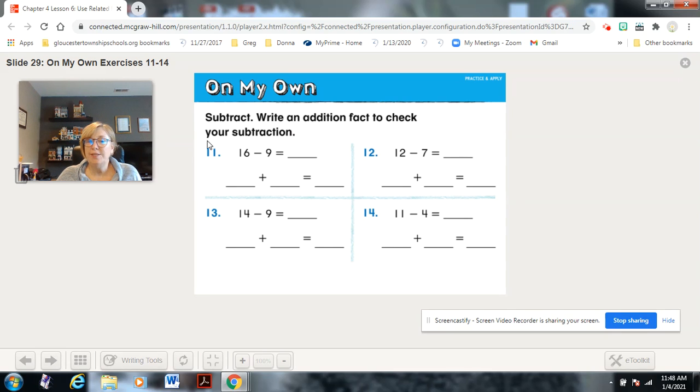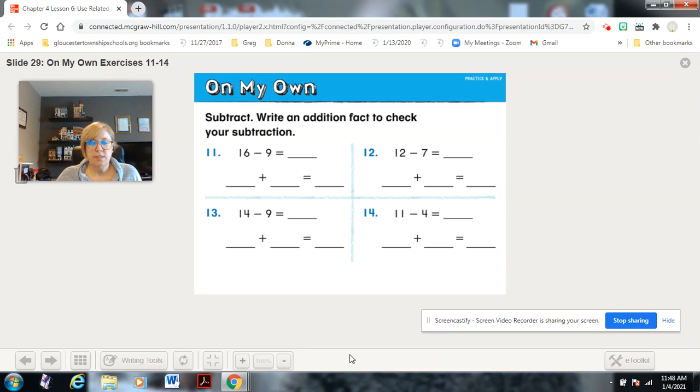Now this one, look at this before you pause me. Subtract. Write an addition fact to check your subtraction. So after you do this, be sure to be very careful what numbers you put in the add-in spot and then what you put in your sum.